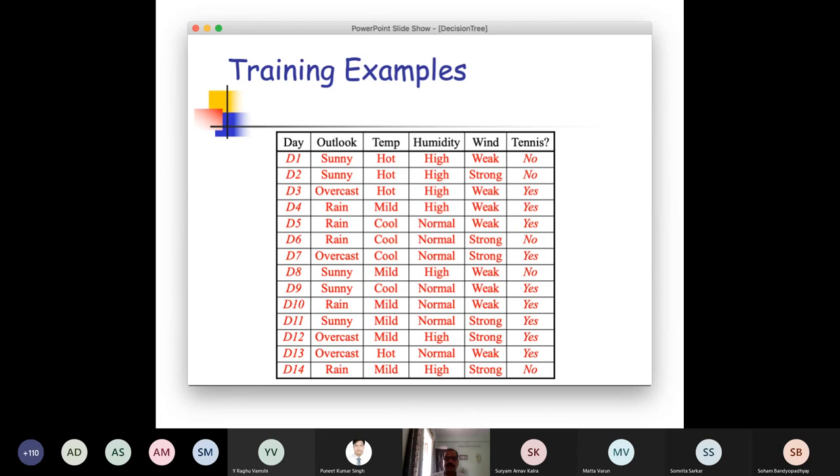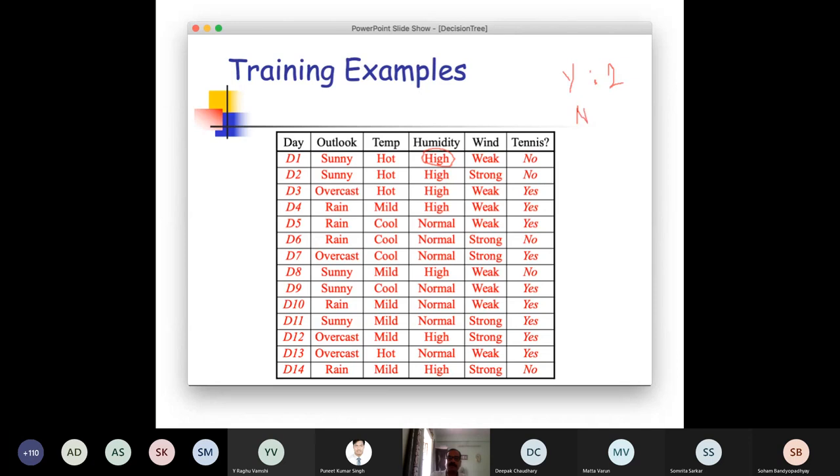So what is the number of no and number of yes when humidity is high? Can you tell me? 5, 2. 5 no's, 2 yes. Okay, I hope this is correct. I'm not checking. Yes is 2 and no is 5.